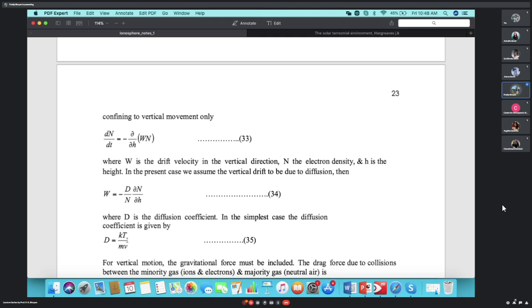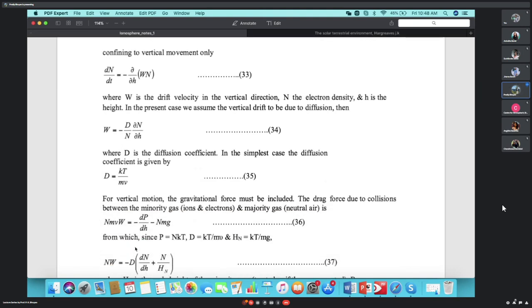So kT by mv. So the diffusion coefficient will depend on temperature and the velocity. Okay, so velocity of diffusion, the velocity at which the plasma is diffusing in the vertical direction, either upward or downward.